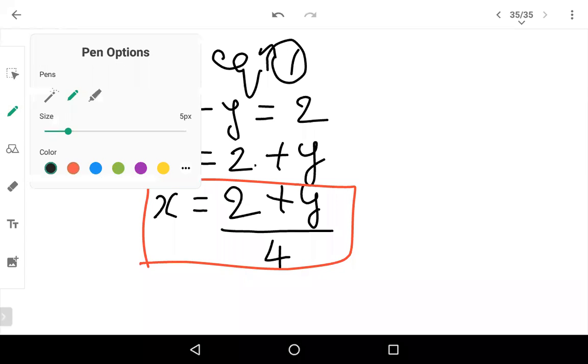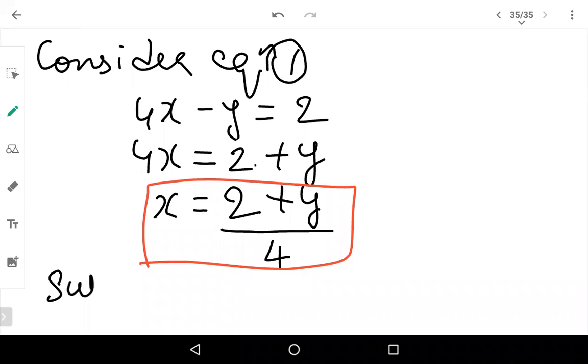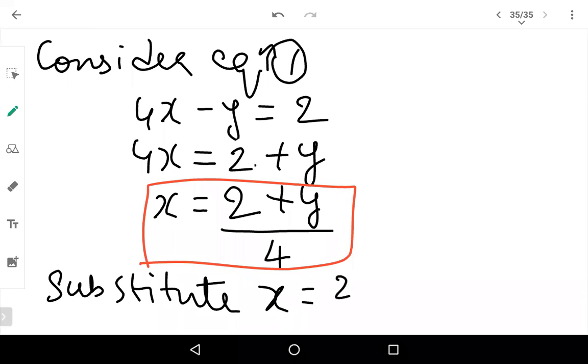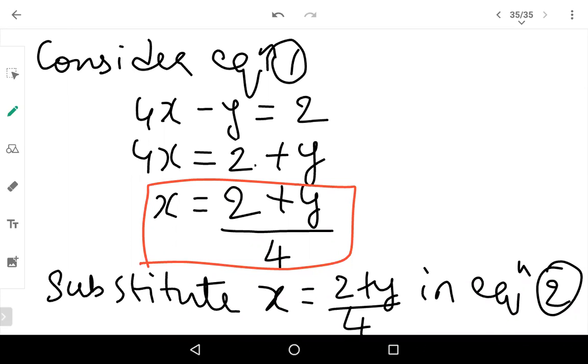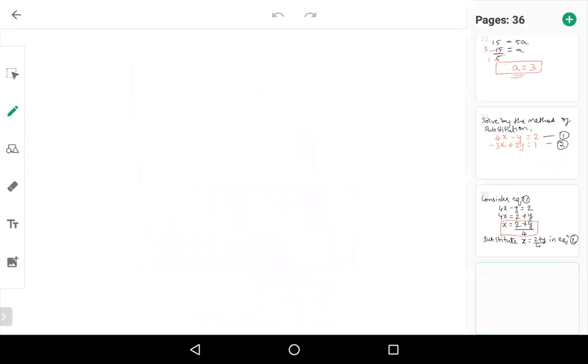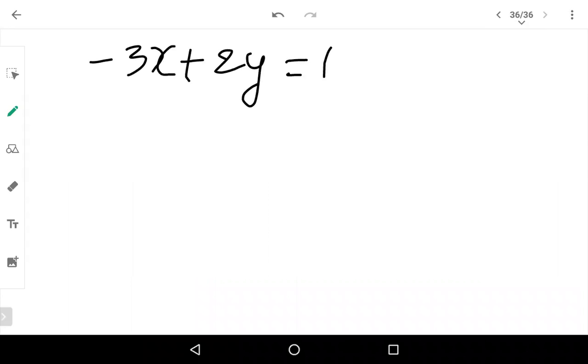Okay. Now next, substitute x is equal to 2 plus y divided by 4 in equation 2. What is equation 2? Minus 3x plus 2y is equal to 1. In the place of x, I am going to substitute 2 plus y divided by 4.